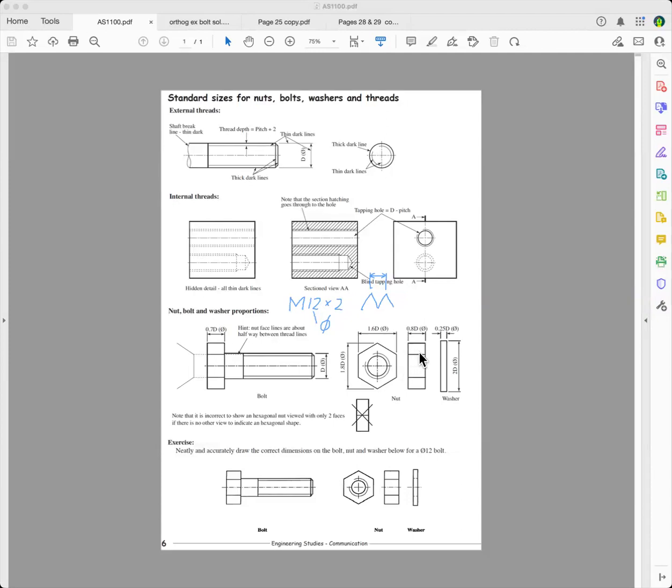And the thickness of a nut is always bigger than the thickness of the head of the bolt, because the head of the bolt is in shear, and the shear strength of a metal is quite high. And the problem with a nut is that you've got a force pushing up against an incline of the thread, so you're going to have a component pushing out like that because of the taper of the base of the thread.